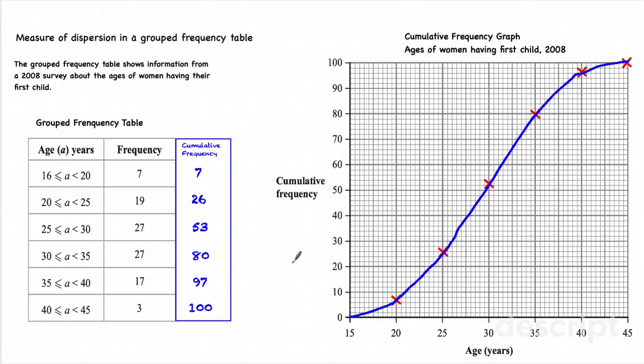I'm going to find the quartiles from a cumulative frequency graph first, and then we will look at a method for finding them more accurately in the grouped frequency table. Here we notice that n is 100, so I'm just going to note that here, n is 100, and we will find Q1 at (n plus 1) divided by 4.